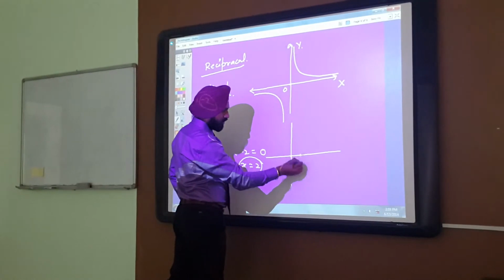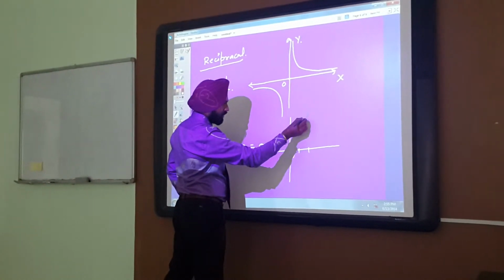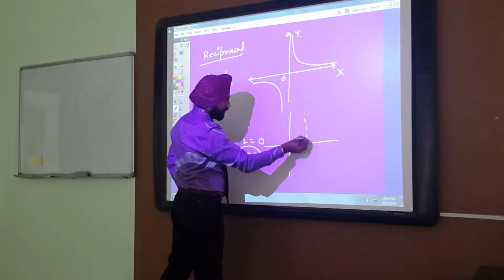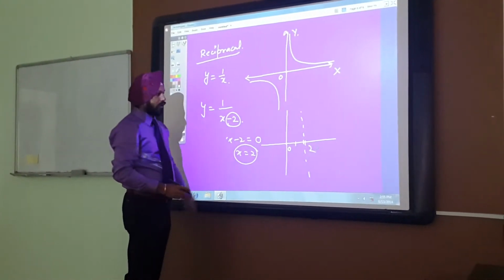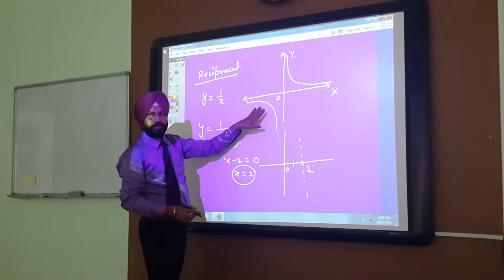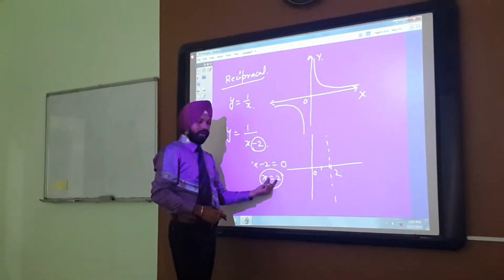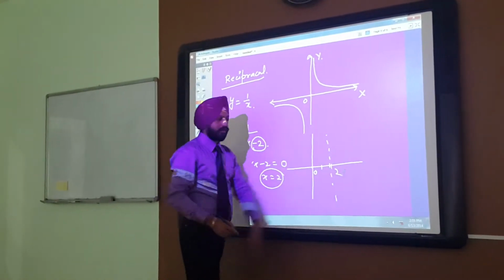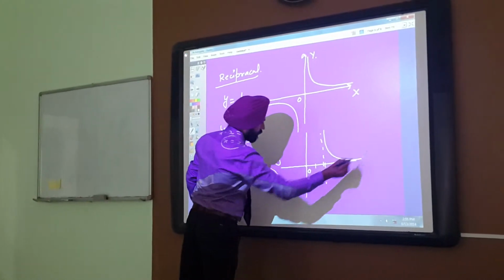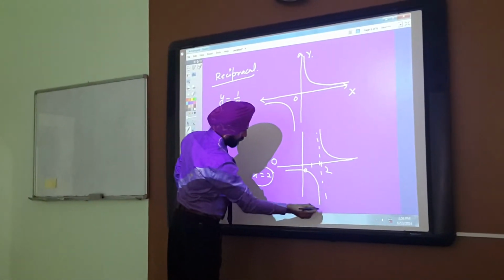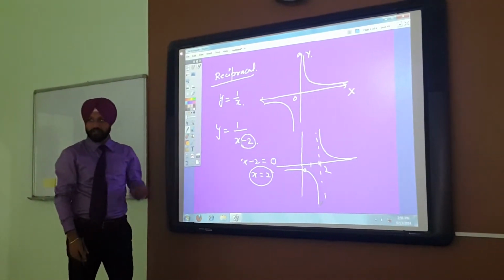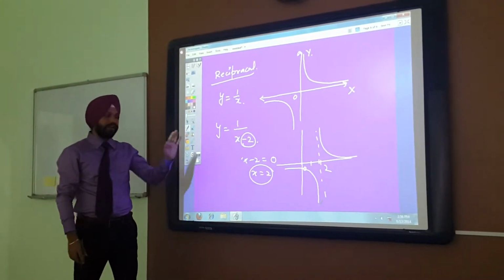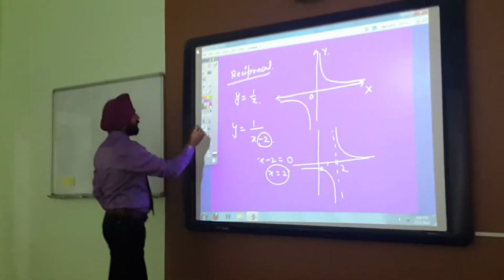This is 0, this is 1, this is 2. So this is another line 2. Okay, and draw the same curve, because we have already changed the y-axis. So this will be the curve. Okay, this is first thing, left side and right side changes.